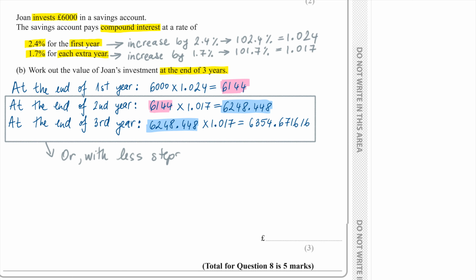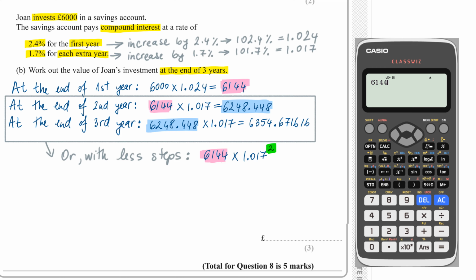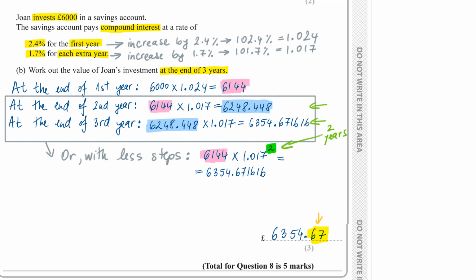Or with fewer steps, because the second and third year have the same compound interest rate, we can use the compound interest formula. 6,144 times 1.017 to the power of 2. 6,144 represents the starting amount at the beginning of the period, 1.017 represents the multiplier, and the power represents the number of periods. In this case, 2 years. The final answer is 6,354.67. The money is rounded to 2 decimal places.